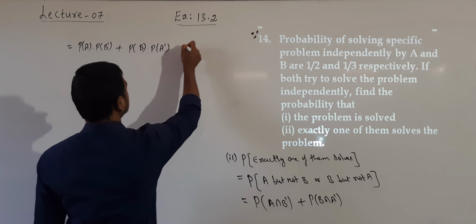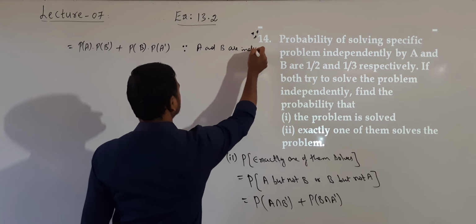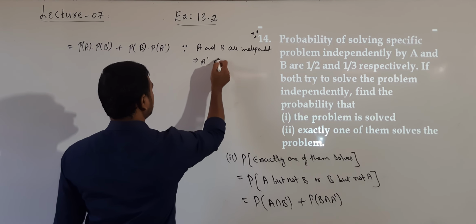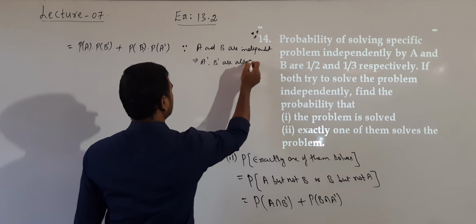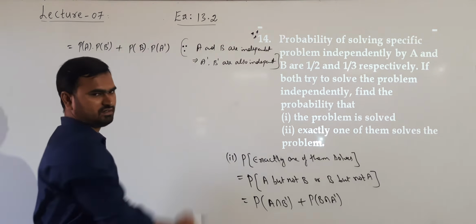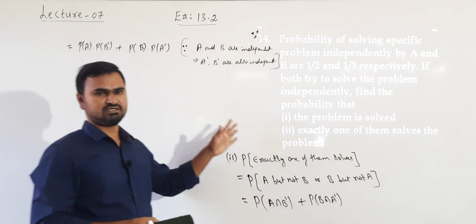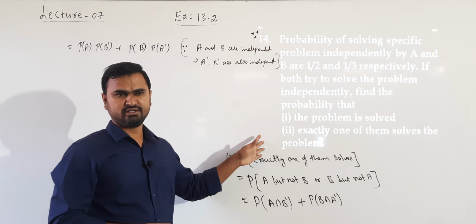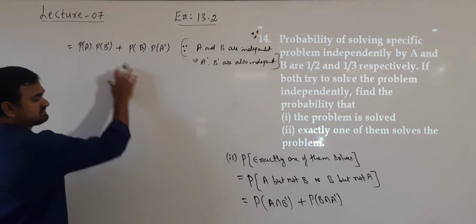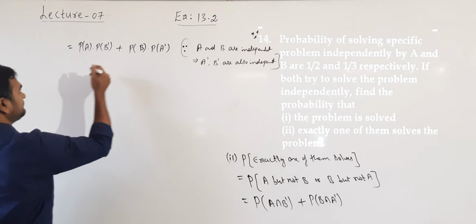Since A and B are independent, A dash and B dash are also independent. Already in theory we proved that when A and B are independent, A and B dash are also independent, A dash and B are also independent, and A dash and B dash are also independent events. So we can write the probabilities like this: P of A into P of B dash plus P of B into P of A dash.